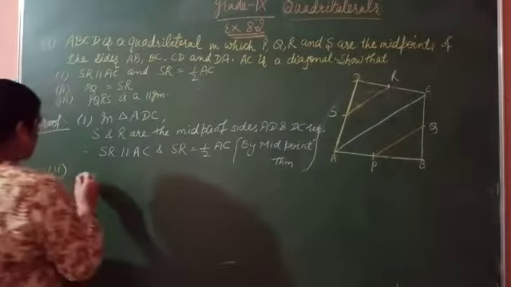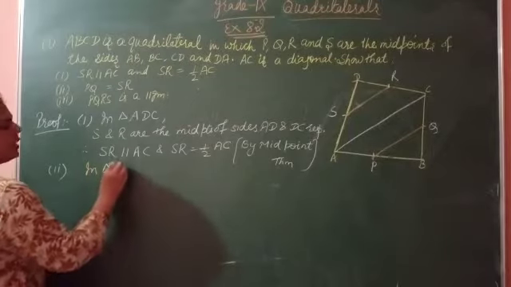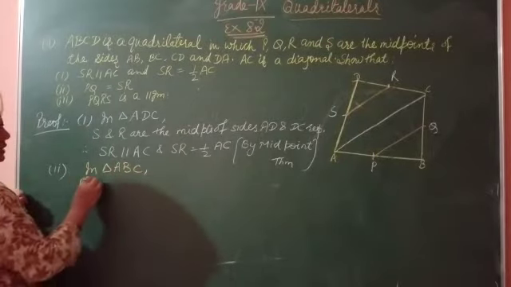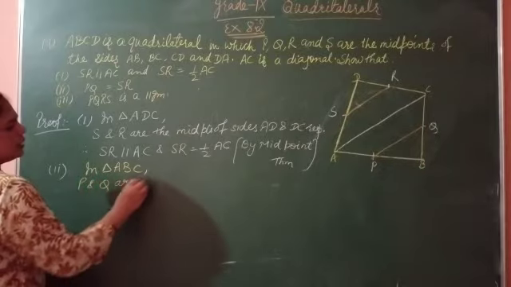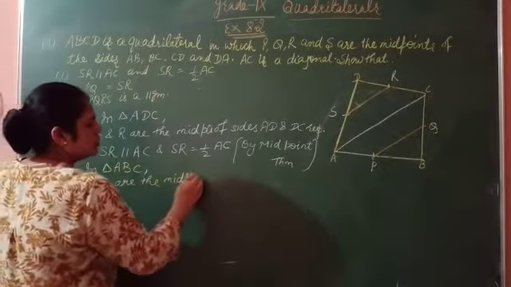So now in triangle ABC, P and Q are the midpoints of sides AB and BC respectively.